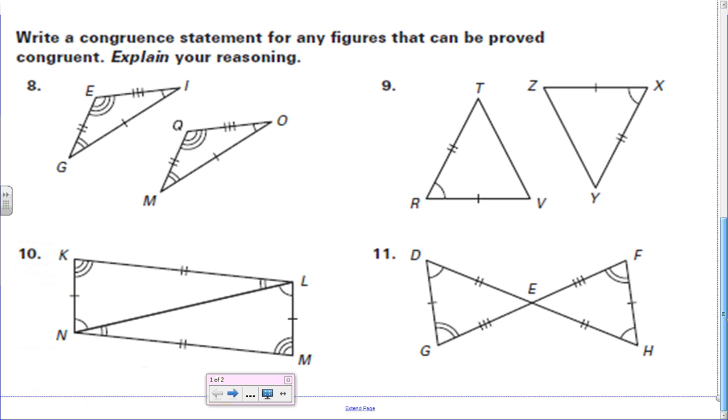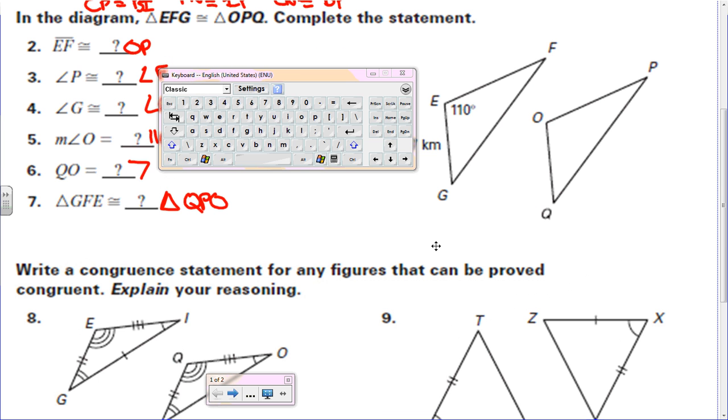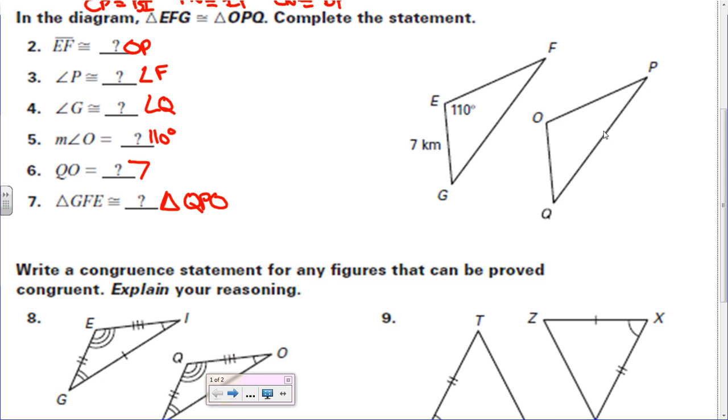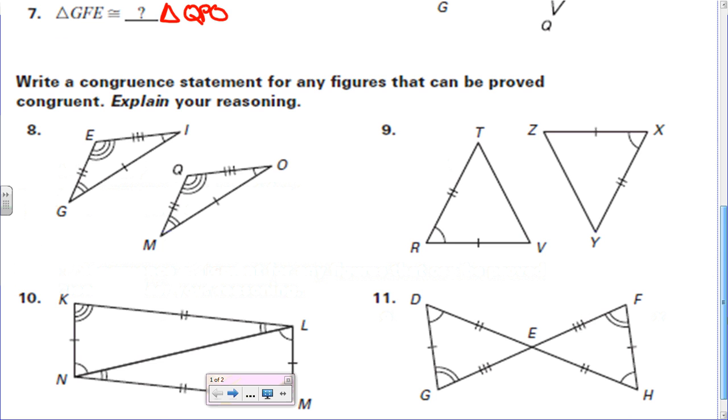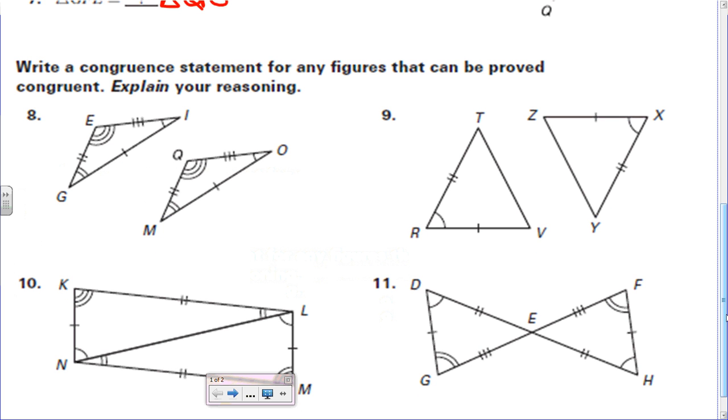Write a congruence statement for any figures that can be proved congruent. Explain your reasoning. So for this one, we have angle G congruent to angle M, E is congruent to Q, I is congruent to L, and then you have the sides all congruent.